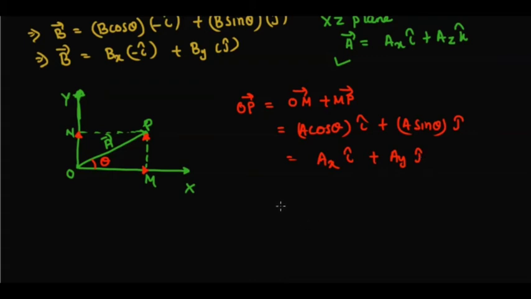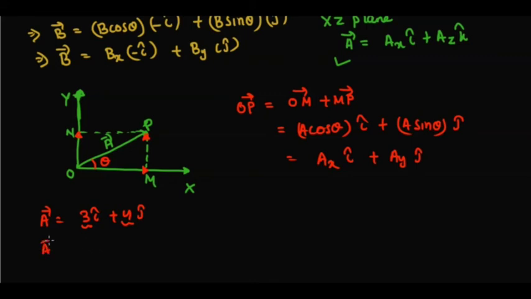So if you resolve the vector in the second, third or fourth quadrant, then you will get some negative i cap or some negative j cap. But suppose, let us say that vector A is equal to 3 i cap plus 4 j cap. Then this 3 is Ax, 4 is Ay.